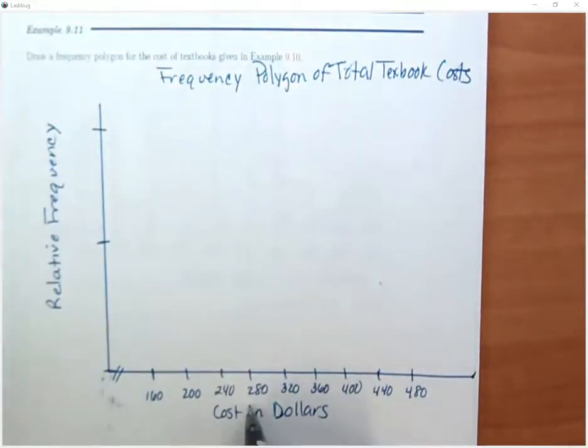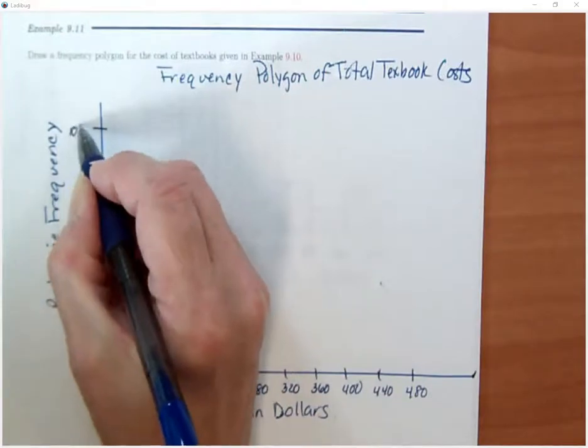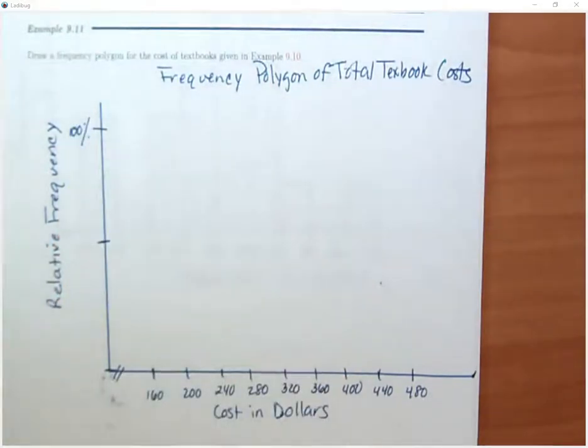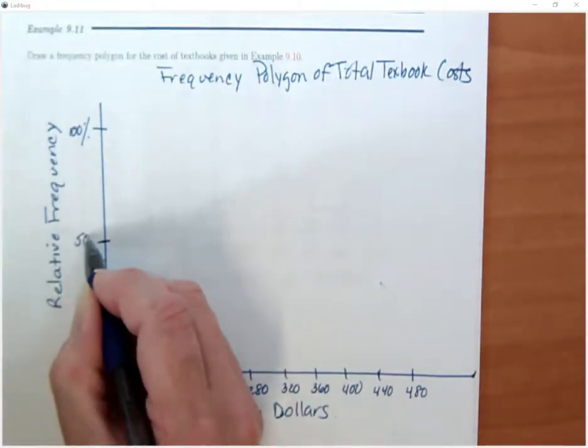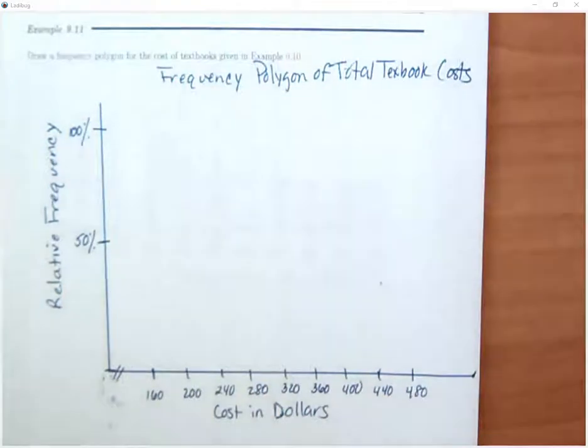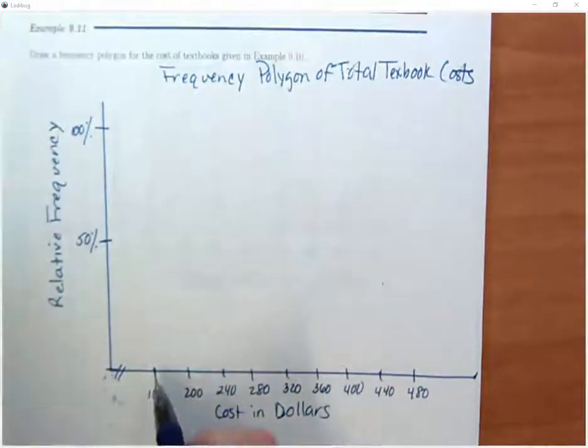So it's kind of nice. Sometimes we just lay the frequency polygon right on top of a histogram if you're doing both, just to show that you know what each is. This one I'm going to do a relative frequency polygon so that you can see how the shape, even though it's a percentage now, stays pretty much the same.